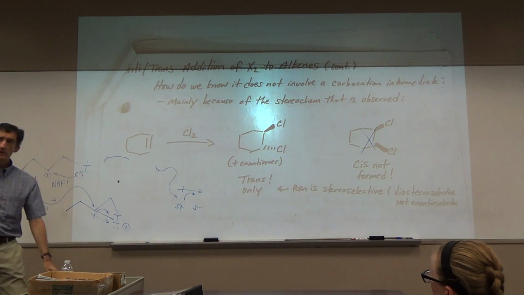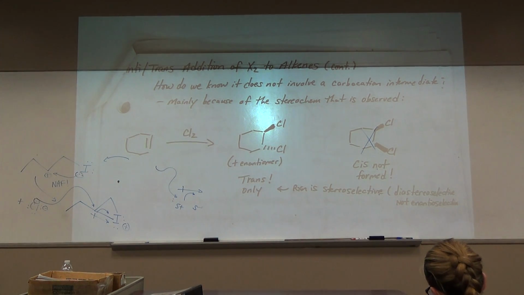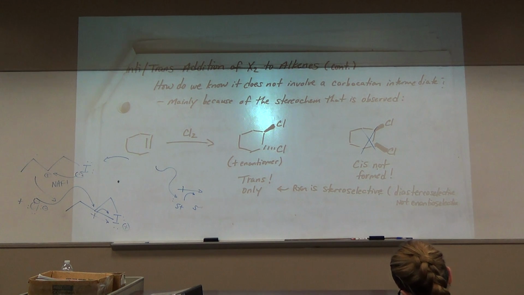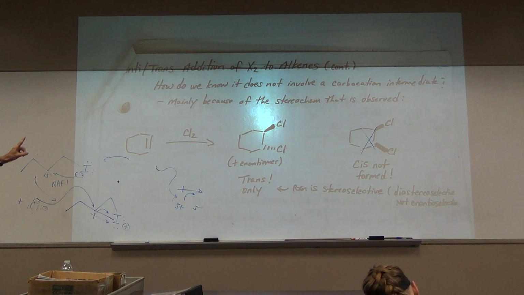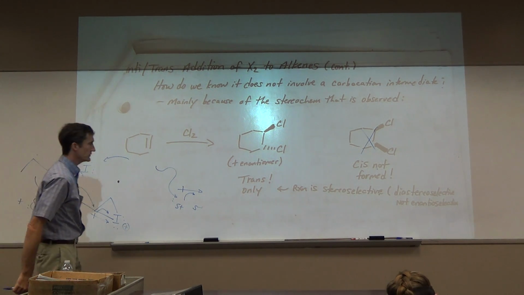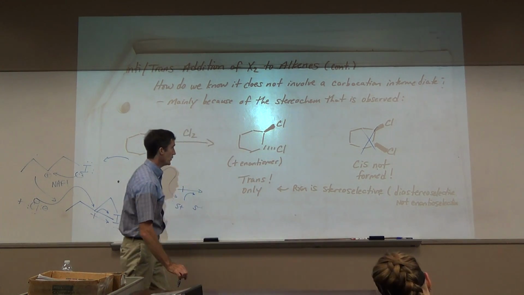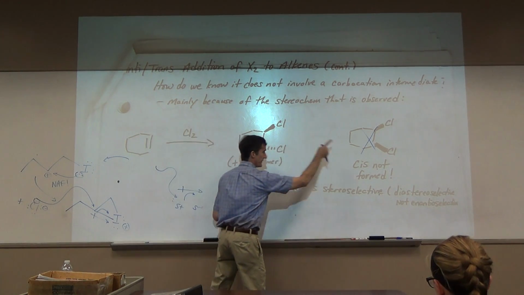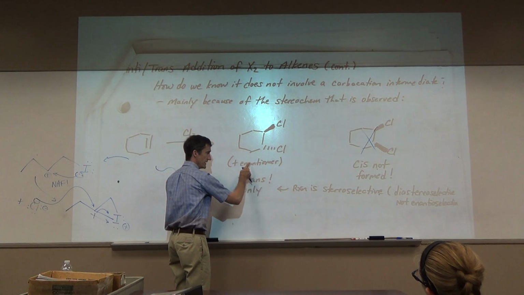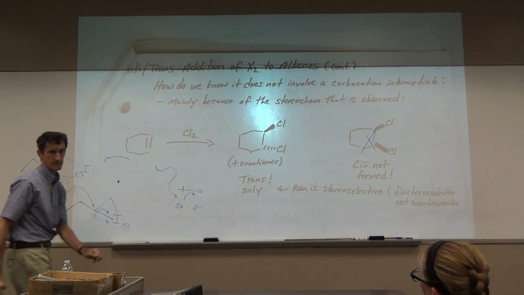Are they constitutional isomers or stereoisomers? Stereo. They're both 1,2-dichlorocyclohexane. So that is trans 1,2, that is cis 1,2. Same name except they have a different stereochemical descriptor, trans or cis. You only get this stereoisomer, not that one. We thus say the reaction is stereoselective for trans.